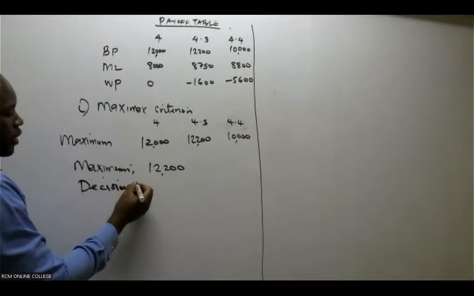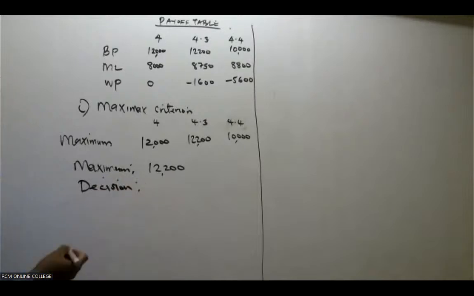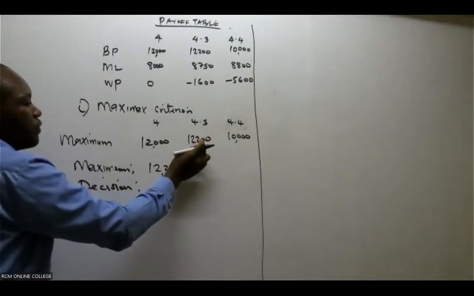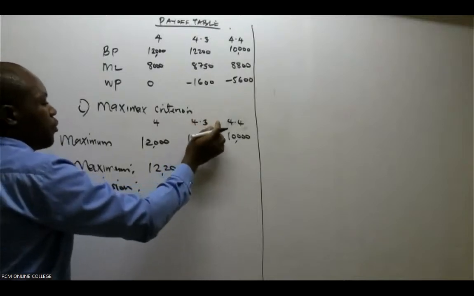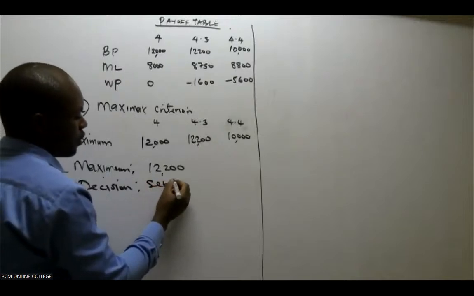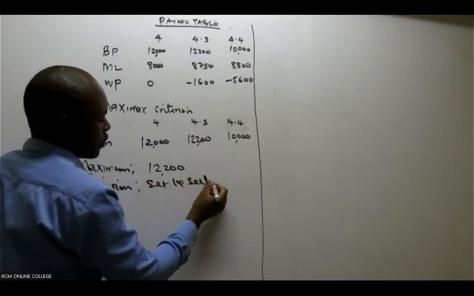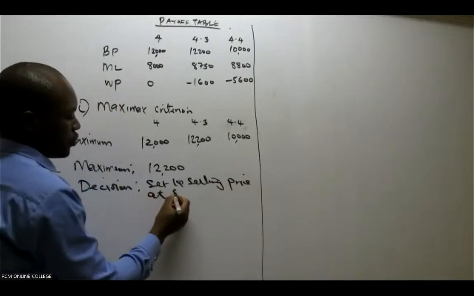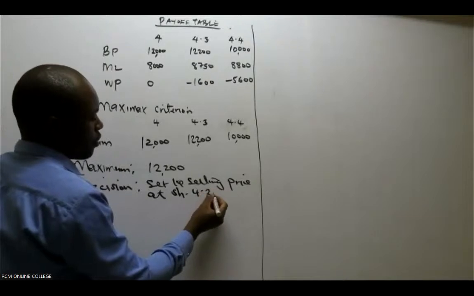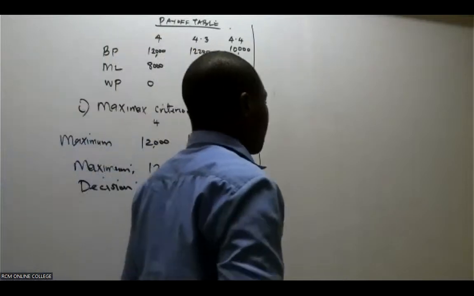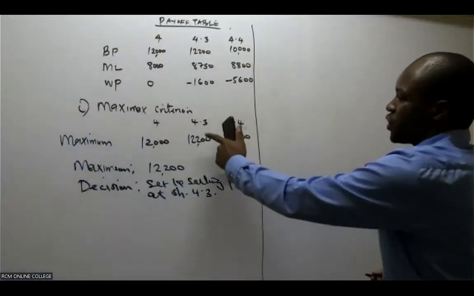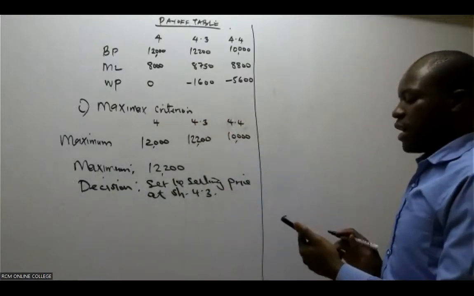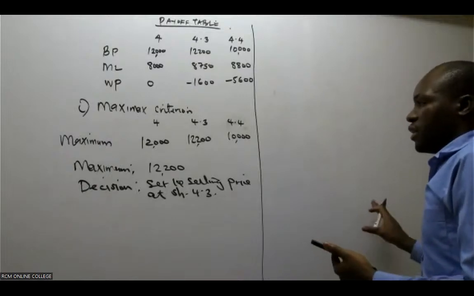Decision to be made. Set the selling price at, where are we getting 12,200? 12,200 is basically 4.3. So set the selling price at shillings 4.3. So you've been able to advise this particular company based on maximax criterion.